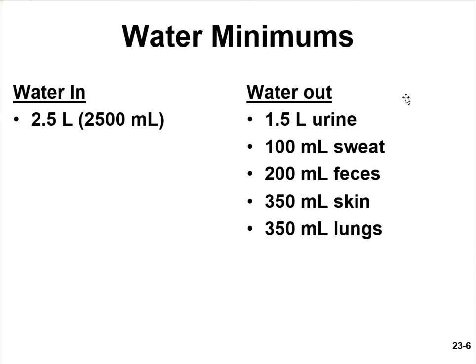And 350 milliliters is lost in the lungs when you breathe out. Like if you breathe on a window or a mirror, it leaves the water drops that's coming from your body. And in a day, if you could collect that all and add it all up, it would be about 350 milliliters. So that's the bare minimum.